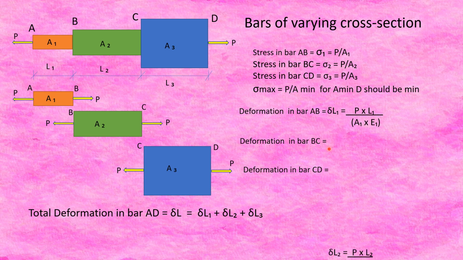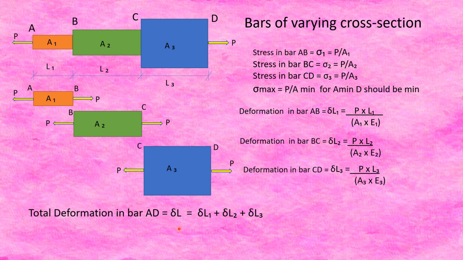Similarly for the BC, delta L2 will be equal to P into L2 divided by A2 into E2, where L2, A2 and E2 are length, area and modulus of elasticity for the part BC of the bar. Then for CD, the deformation in the bar CD will be delta L3 equal to P into L3 divided by A3 into E3. So using these formulas we will calculate the individual deformation for AB, BC and CD as delta L1, delta L2 and delta L3.